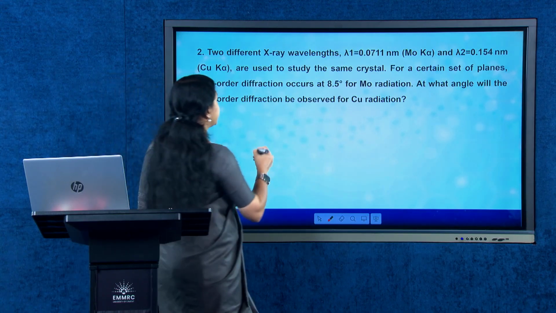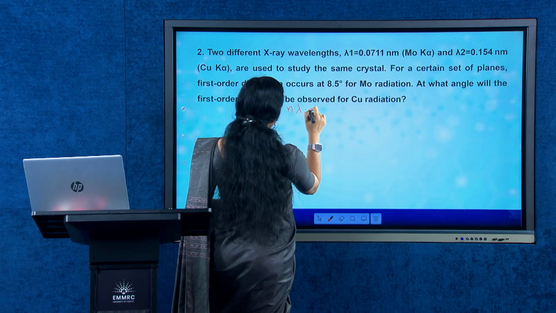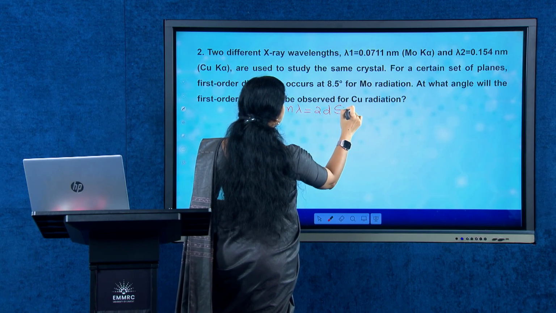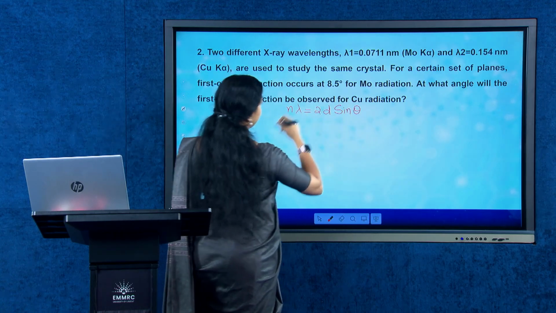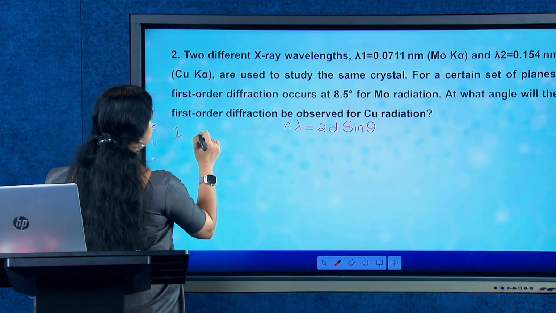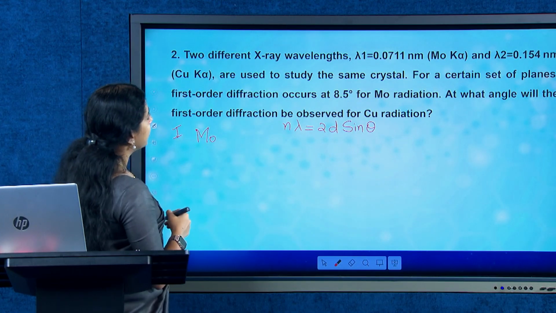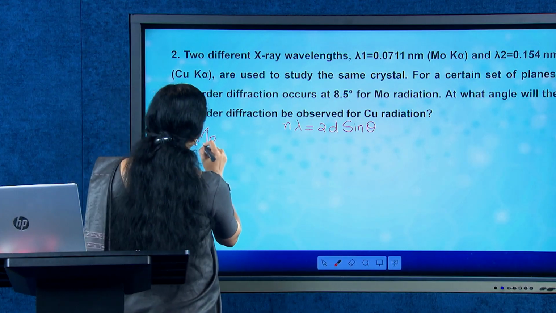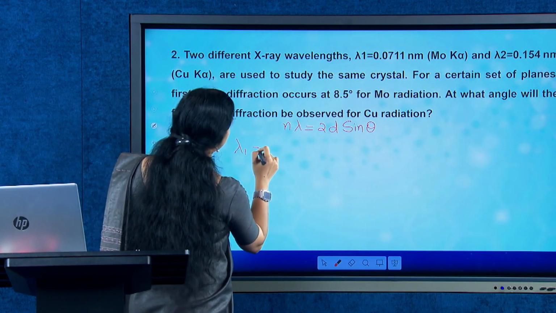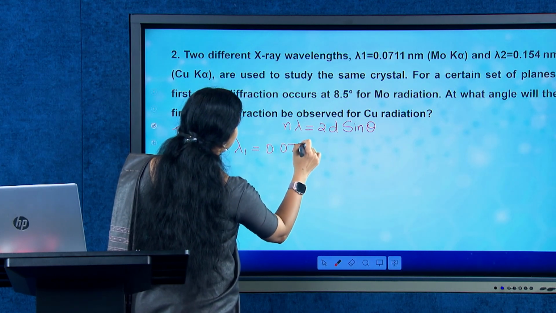First, let us write the basic Bragg's equation. We have n lambda equals 2d sin theta. The first part given is with the molybdenum radiation, and for molybdenum we have lambda 1 equal to 0.0711 nanometer.